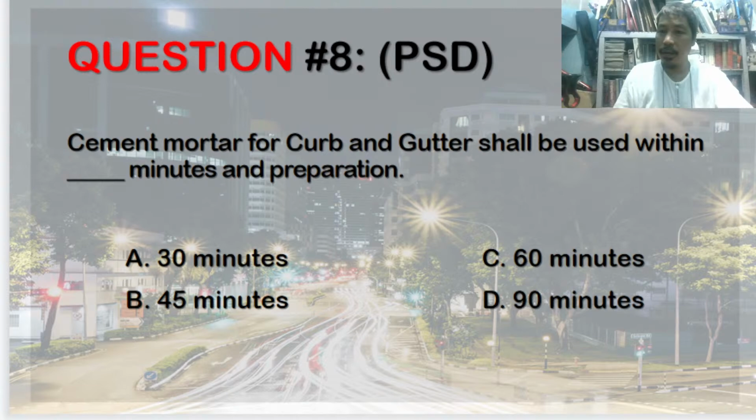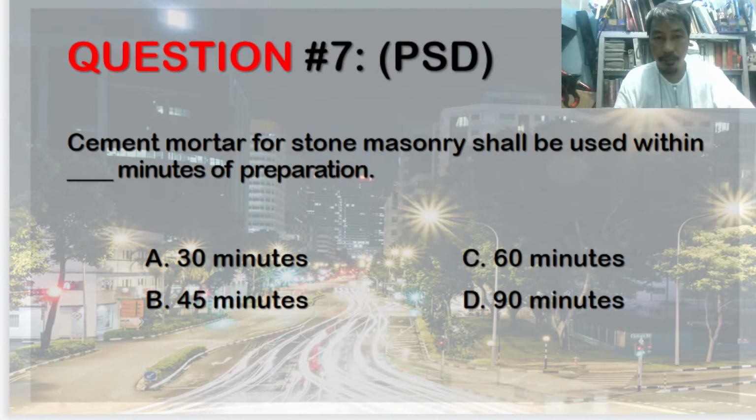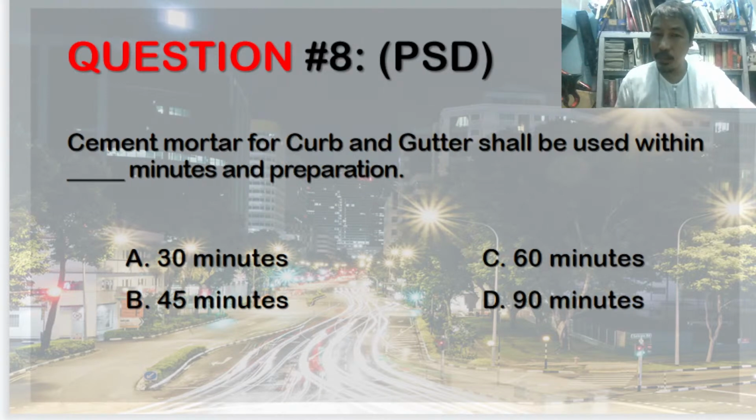When we have to create a curb and gutter on the side, we will use mortar. Number 7 was for stone masonry, but this is for curb and gutter application.